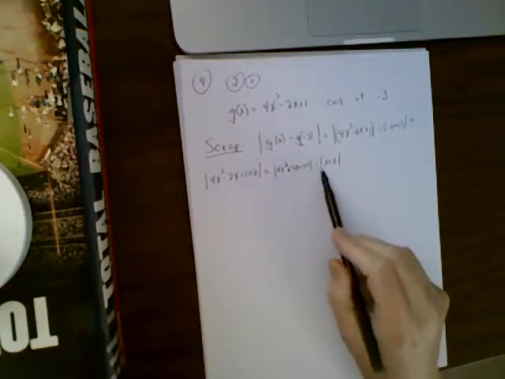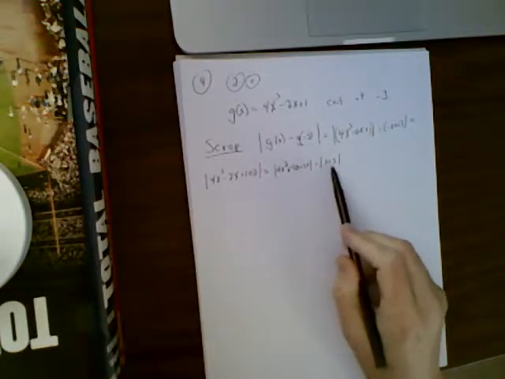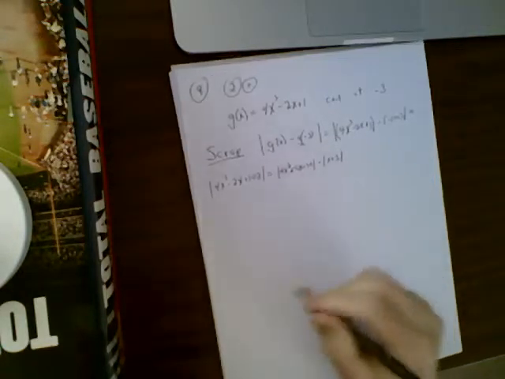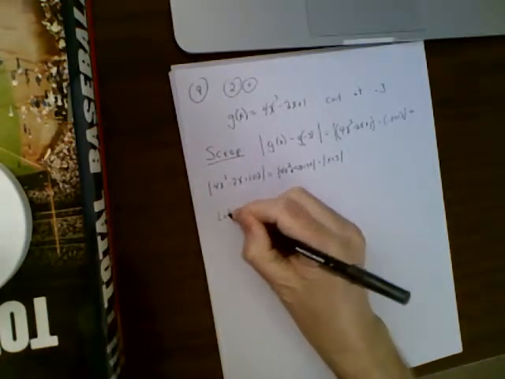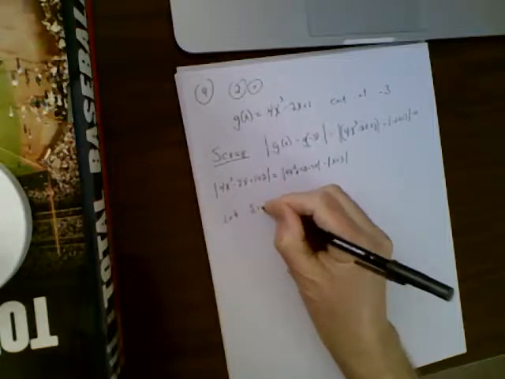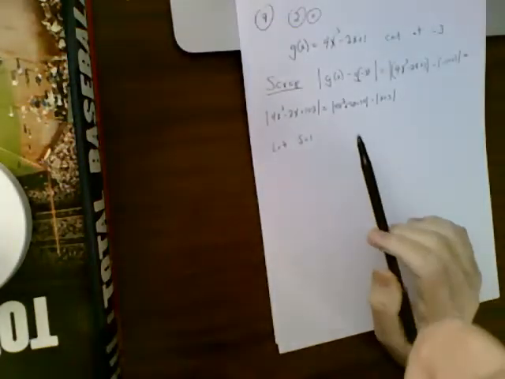I can make this less than epsilon, where epsilon is as small as I want, so all I need to do is bound this. So to bound this, let's say, let delta be less than 1. That means that x is staying within 1 unit of negative 3.